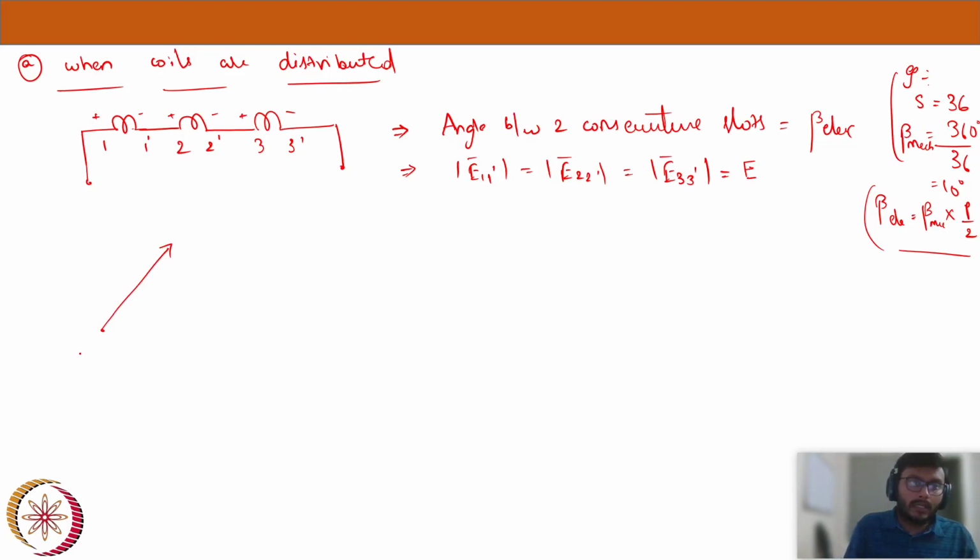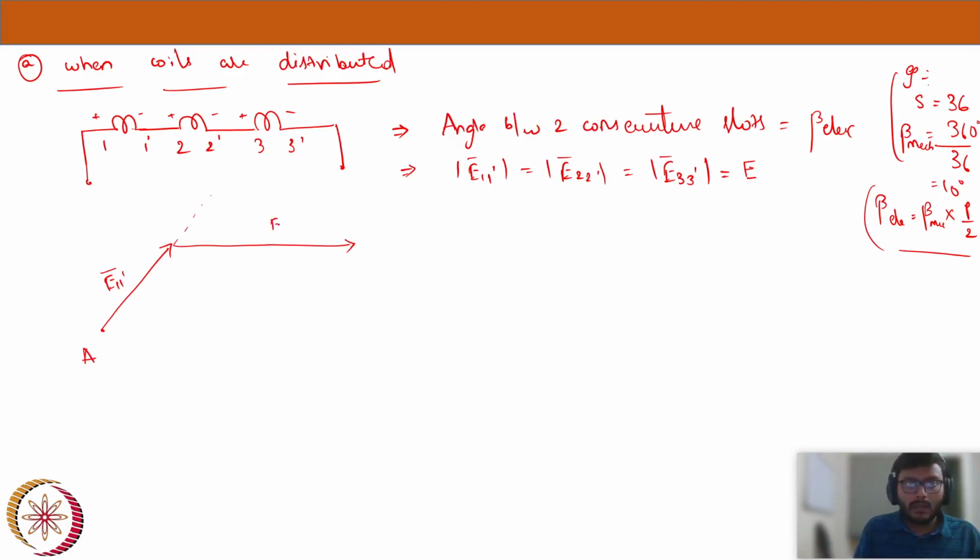Let's say this is my starting point A, and this is E11 dash. And yeah, we know that there will be a beta displacement. We will have the EMF induced in the second coil.